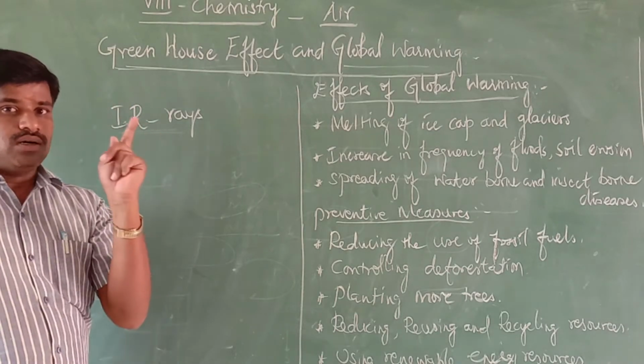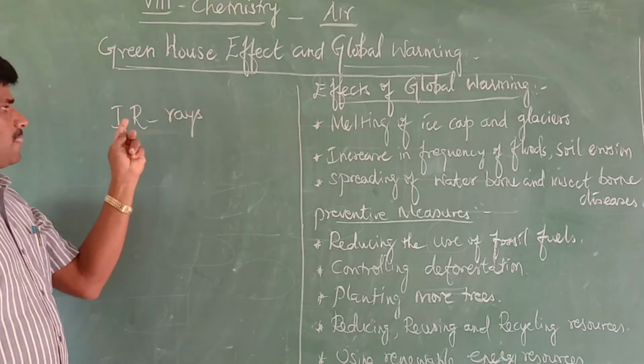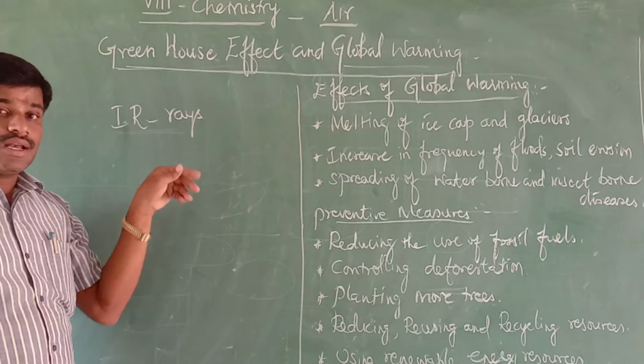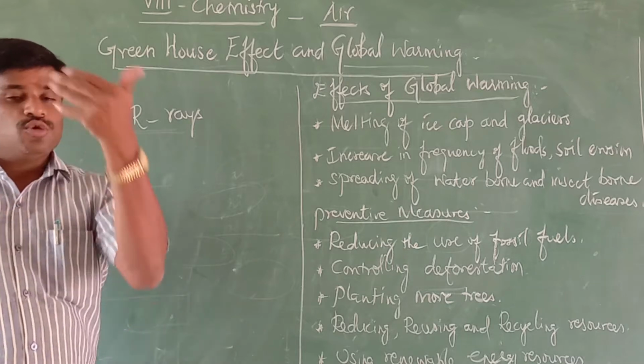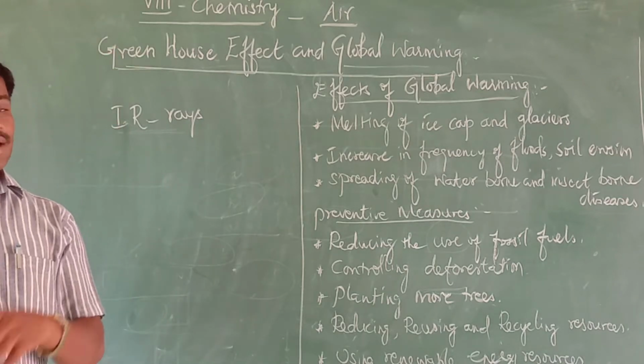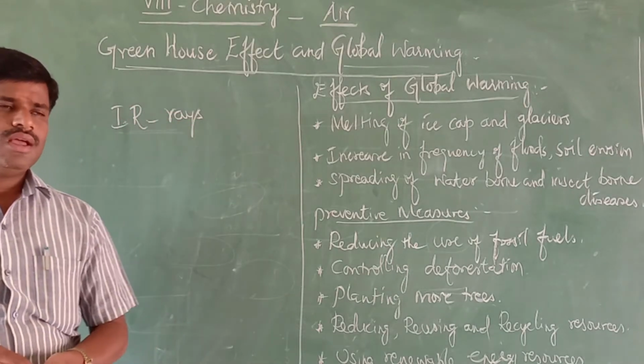Earlier I said solar radiation is absorbed by land, then infrared rays are released from the land and oceans, and those are absorbed by the atmosphere. IR is absorbed by the atmosphere.